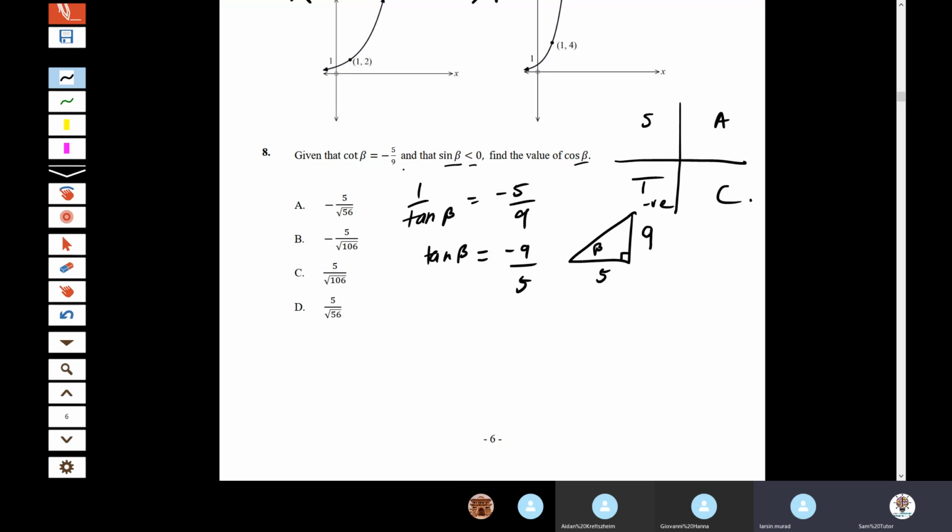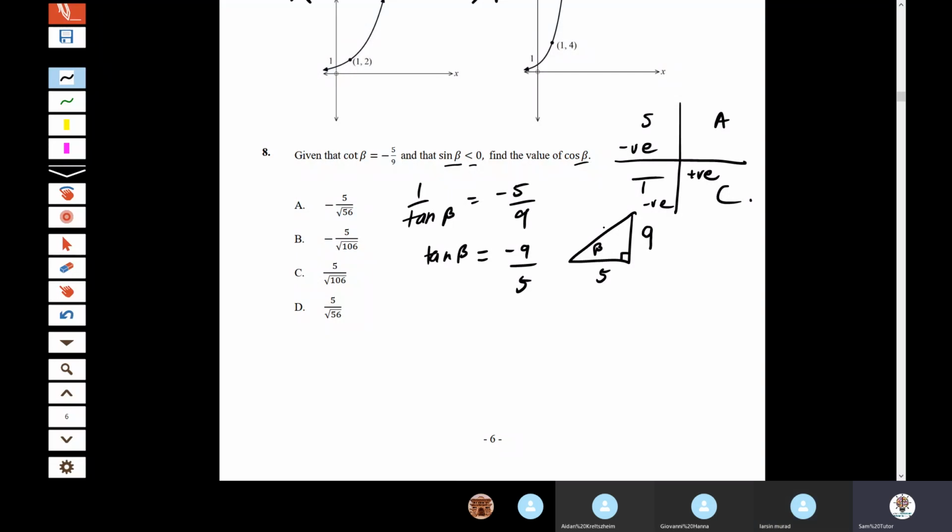And then the second thing you have, it says sine is also less than 0, which means sine is negative, which means cos must be positive. Because if these two are negative, that means cos must be positive.